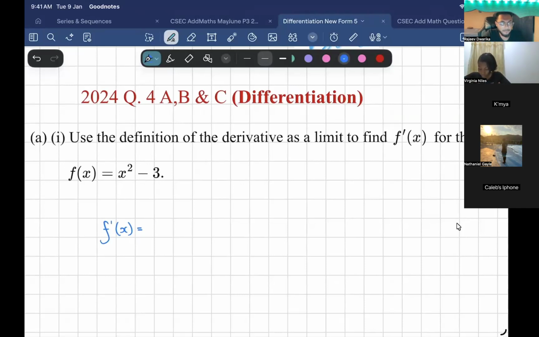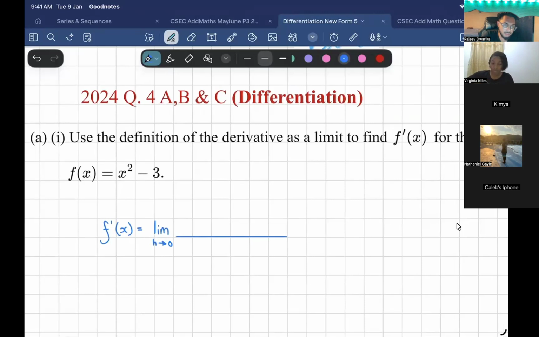Oh, okay. Well, then it is the limit as h approaches zero, right? Approaching zero.